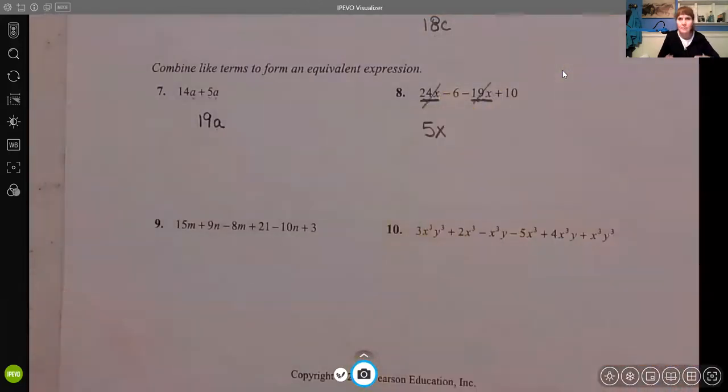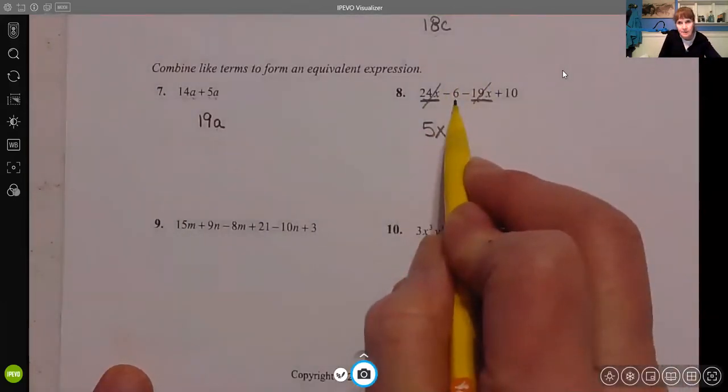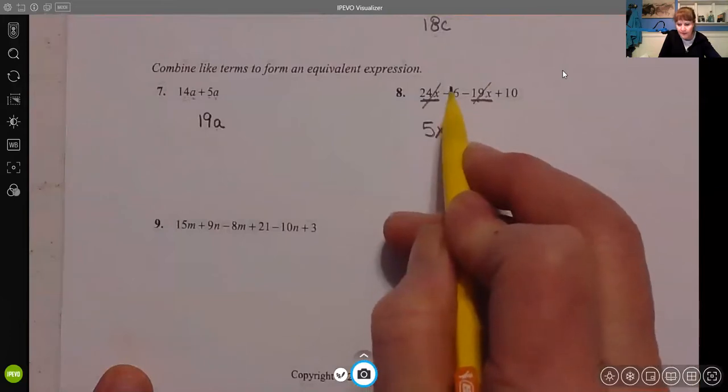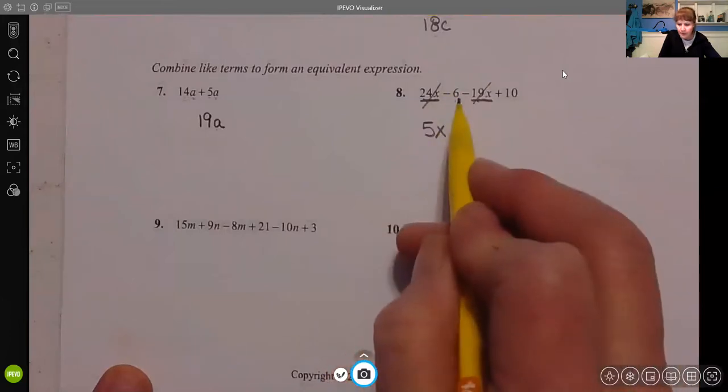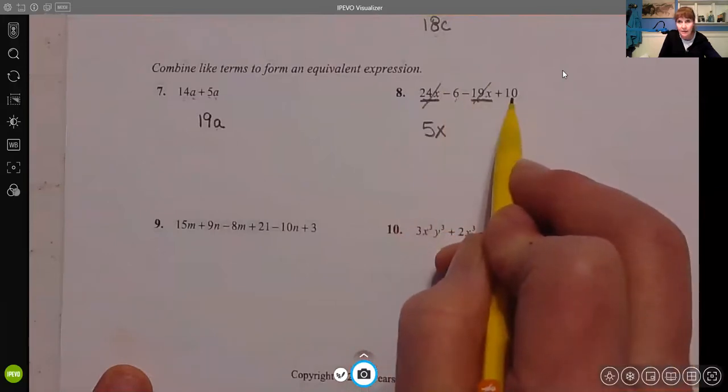Sometimes it's nice to cross them off, especially if we have a long list. Next, we have two constants, and you can combine the constants together. Here is a -6. You can go plus a negative if you want to, but this is a -6 and a +10.